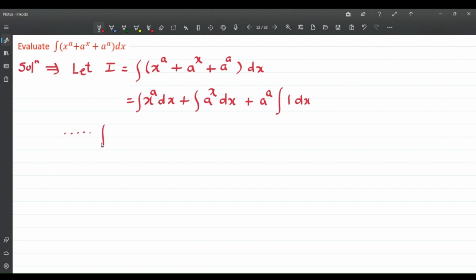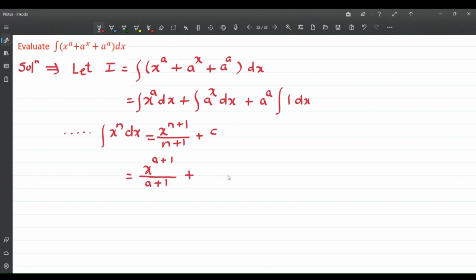First, we apply integration x raised to n dx, which equals x raised to n plus 1 divided by n plus 1 plus c. So for x raised to a, the answer will be x raised to a plus 1 divided by a plus 1.